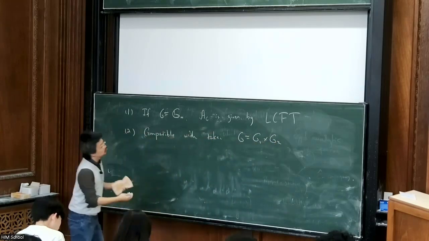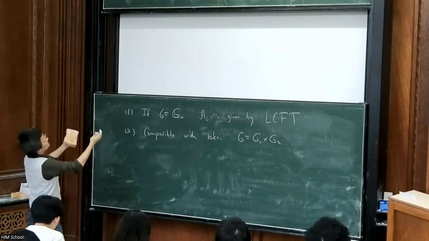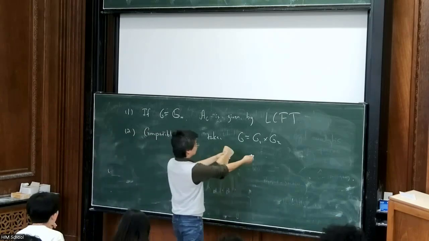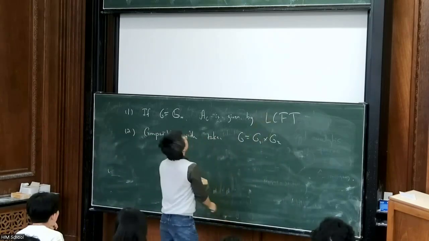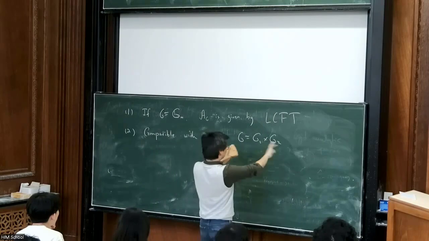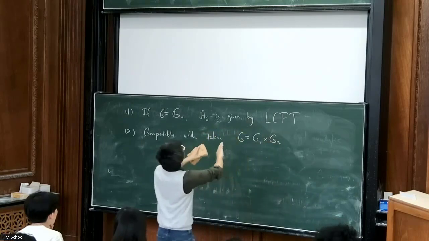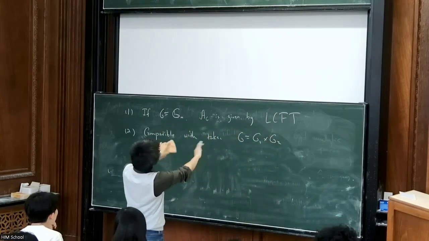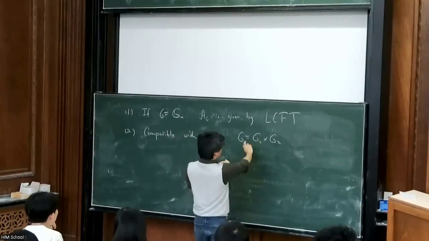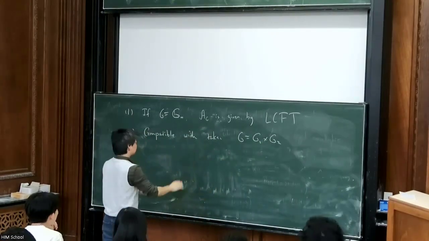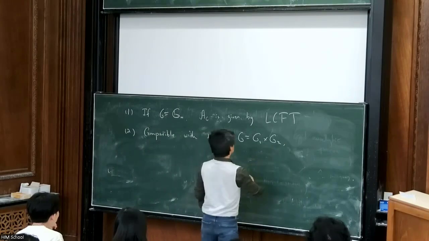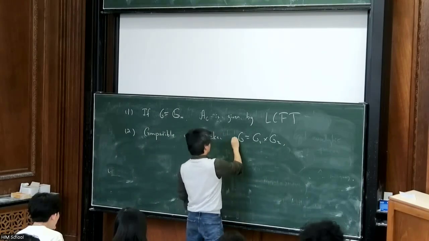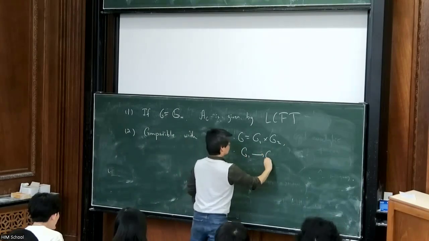If you have a product of two groups, on the left hand side you can consider the representations of the product. On the right hand side the category will naturally be the tensor product of the two categories separately. Also compatible with central isogeny.